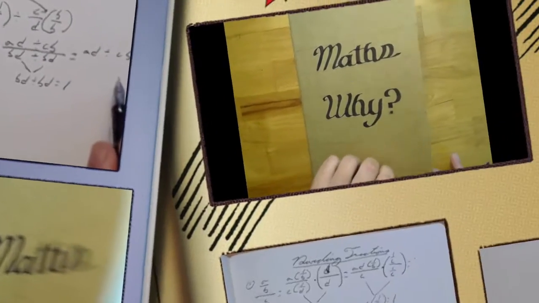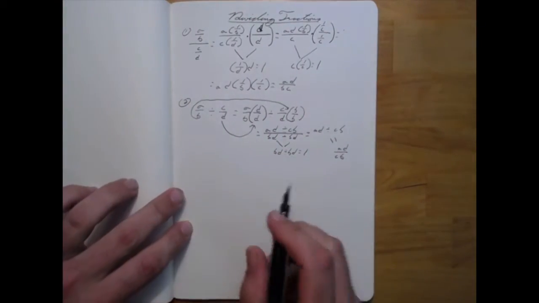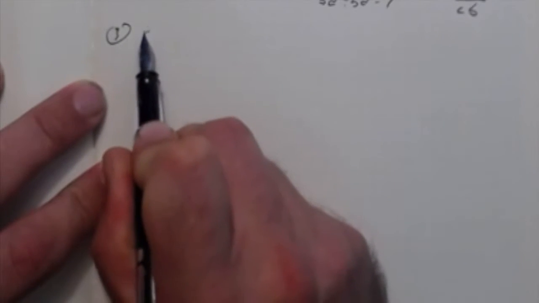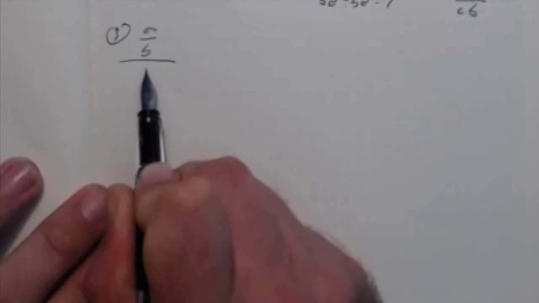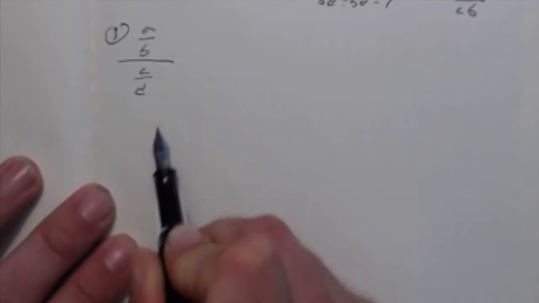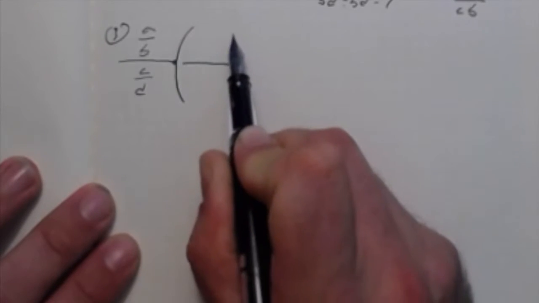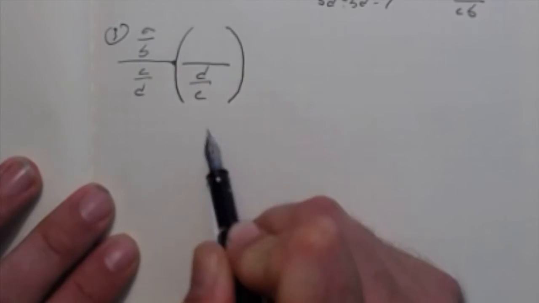Still confused? Let's try it a third way. Going back to a fraction over a fraction, here I'm going to multiply both the numerator and the denominator by the inverse of the denominator. So my denominator is c over d, and I'm going to multiply both the numerator and denominator by d over c.